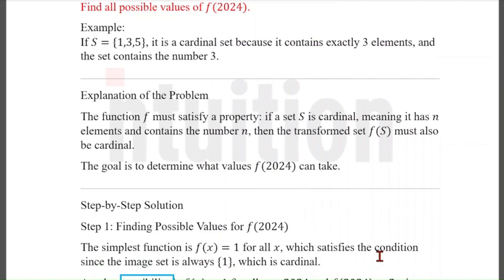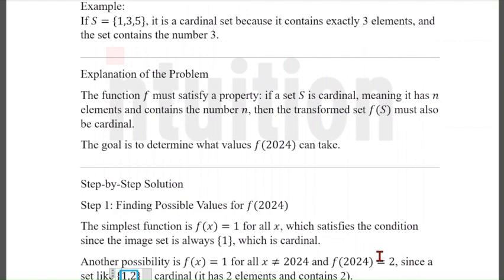Another possibility is f(x) = 1 for all x not equal to 2024 and f(2024) = 2, since a set like {1, 2} is cardinal. It has 2 elements and contains 2.